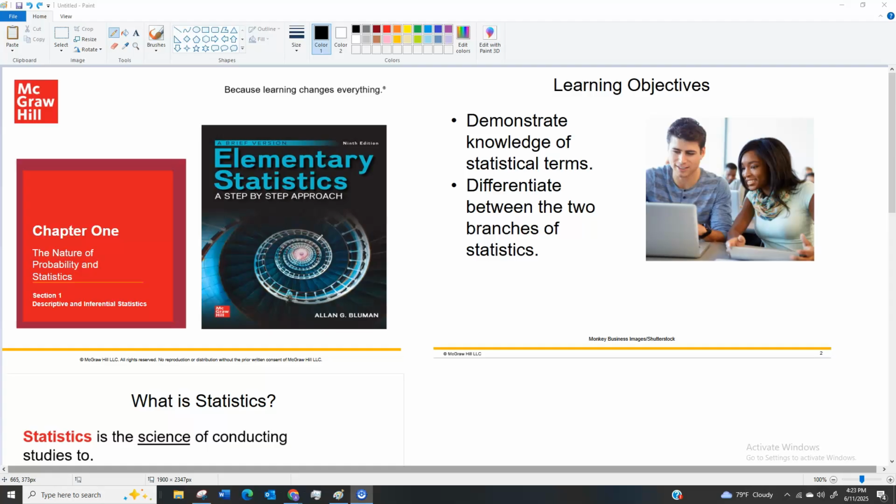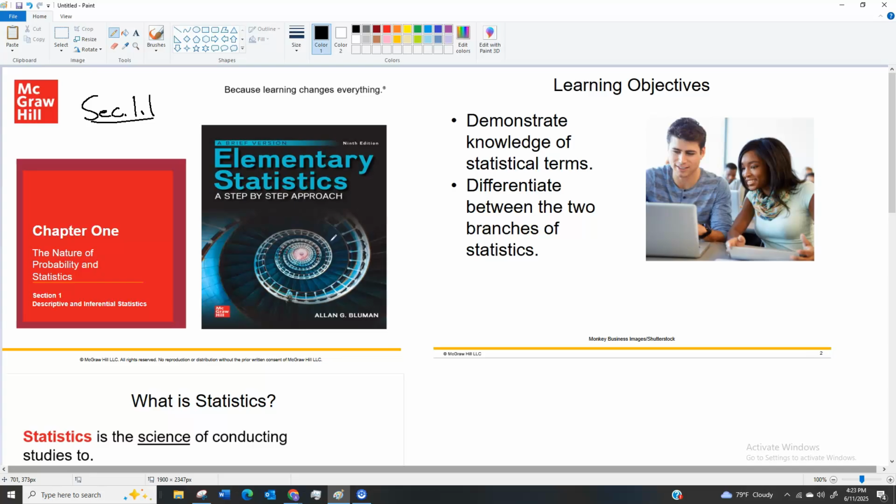So, just real quickly, this first section, on the slides they don't label it very clearly, but this would be section 1.1. You'll see here it says chapter 1, section 1, so section 1.1. This is our textbook. If you've purchased a hard copy, that's great, but you don't need to purchase a hard copy.